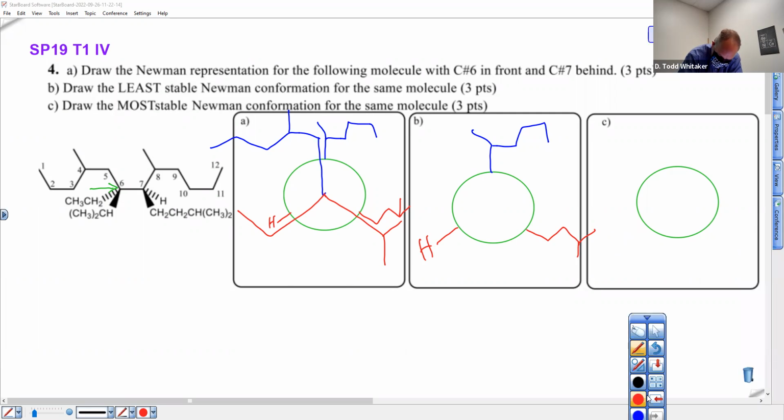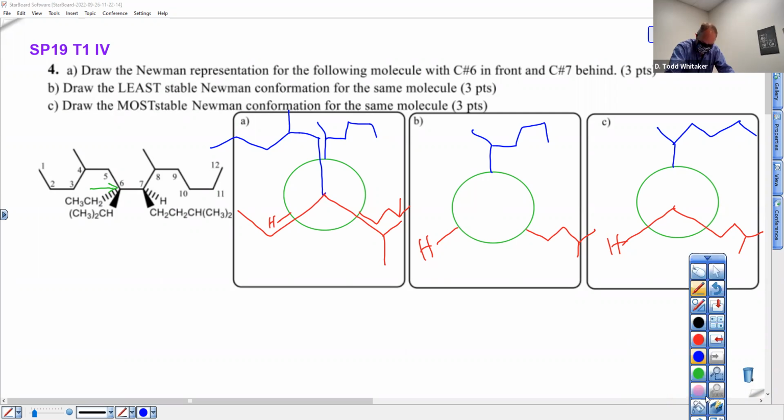Oh, so harsh. And then straight up is that sec pentyl? Hexyl? 1, 2, 3, 4, 5, 6. Sec hexyl. And I didn't copy it right, did I?